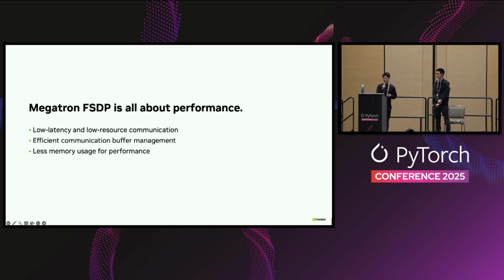Secondly, we thought about more lightweight buffer management between communication and computation. And lastly, but not least, we also made the memory usage more efficient, which also contributed to the performance itself.